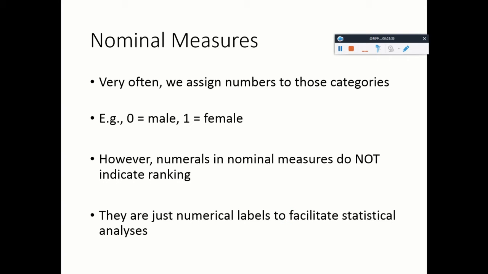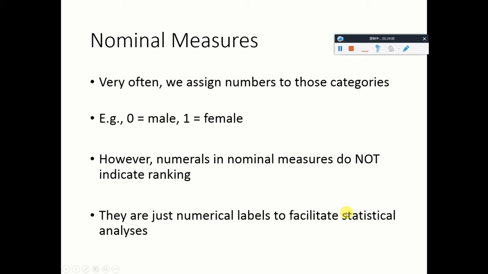And the reason that we need to assign numbers is because later on, when we use Excel, for example, to analyze data, Excel does not really recognize words. They cannot put words into a formula and produce a number out of it, right?